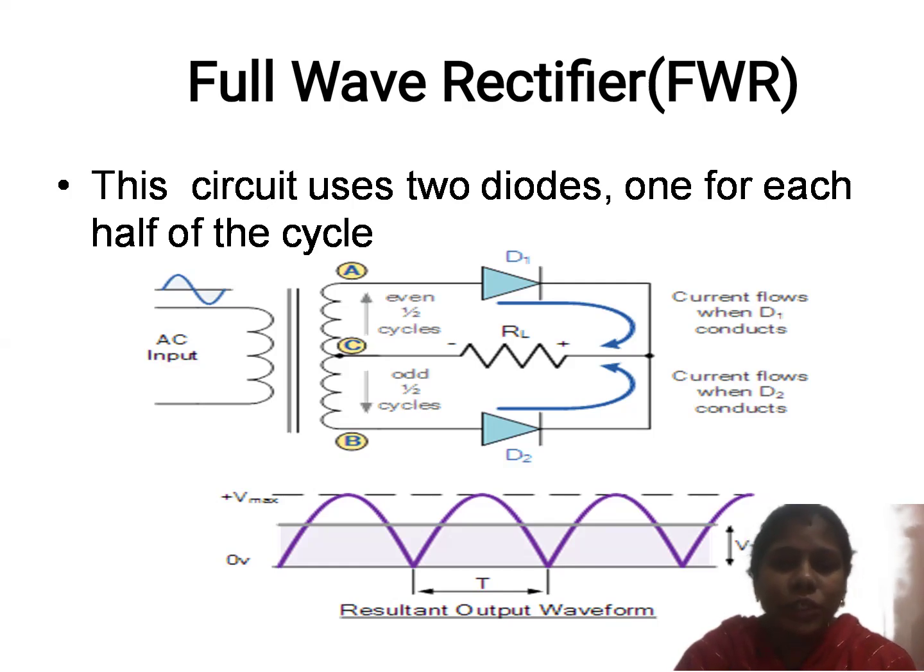So during the negative cycle, diode D1 is in the non-conducting state and diode D2 is in the conducting state. Whenever D2 conducts, the negative half cycle is converted into a positive cycle with polarities plus to minus.